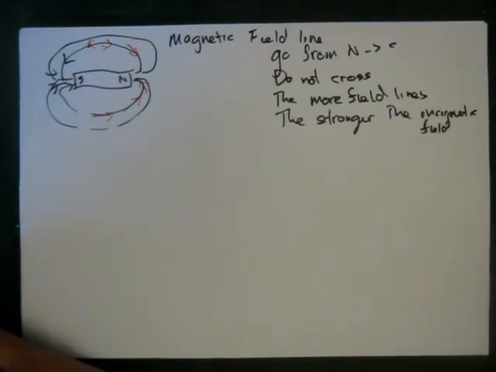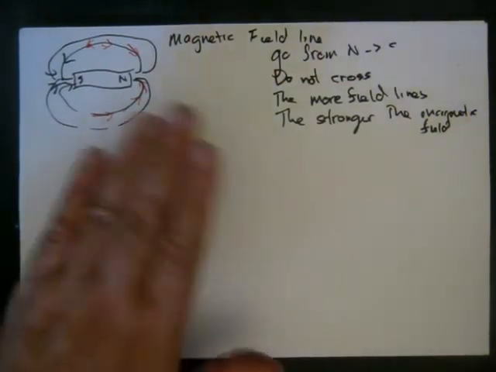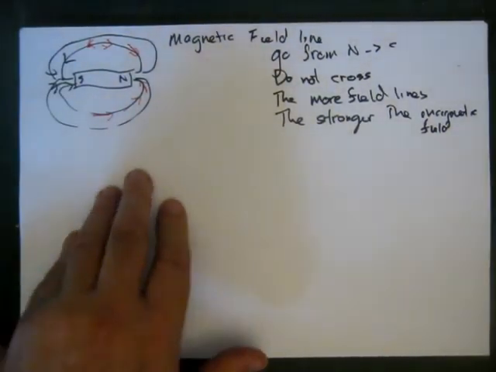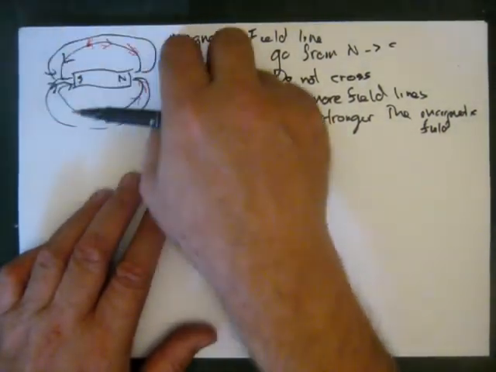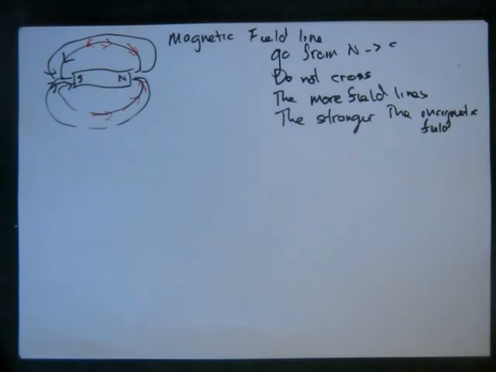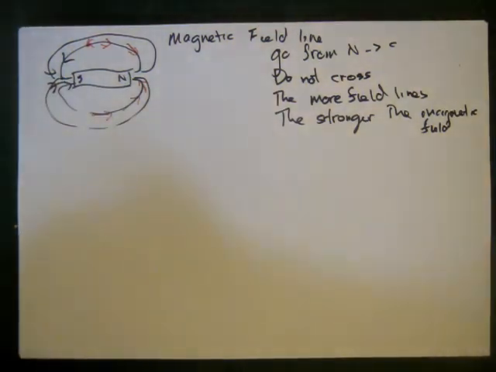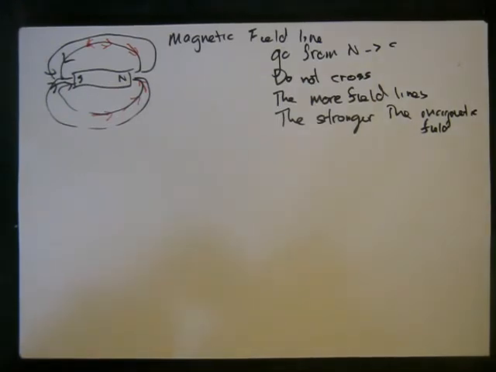And if you get some iron filings and a magnet, usually putting the magnet under the paper and sprinkling the iron filings on top, you will actually see these lines as the iron filings line up and turn to meet the magnetic field.